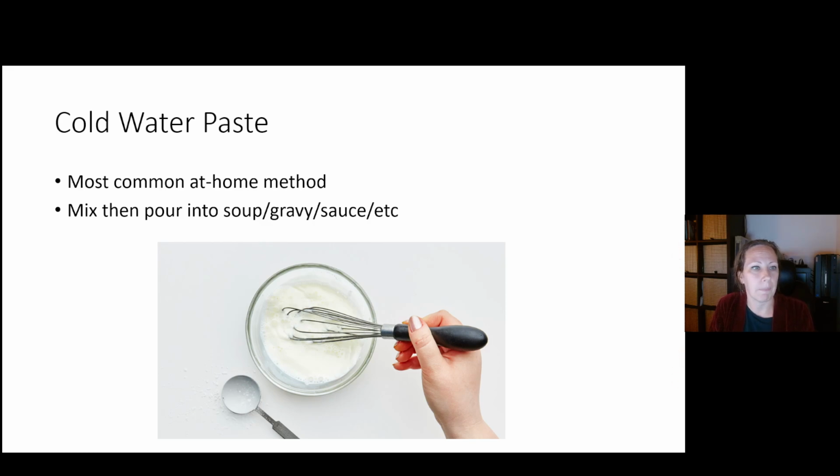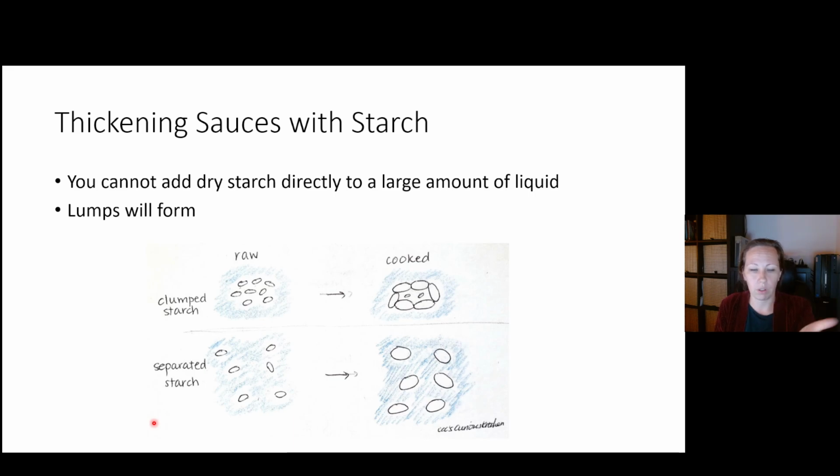But essentially, you mix your starch in a small amount of cold liquid. You don't want it to be hot because if you mix it into hot, you'll get some immediate gelation.